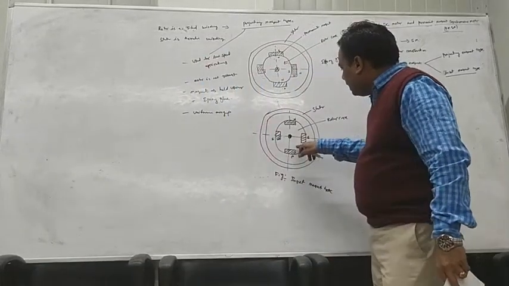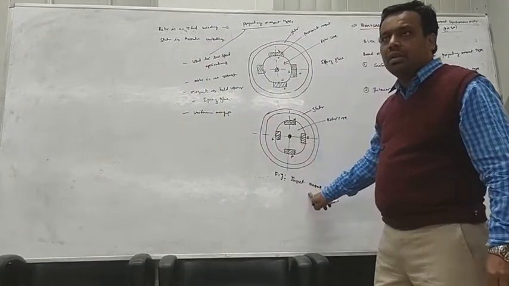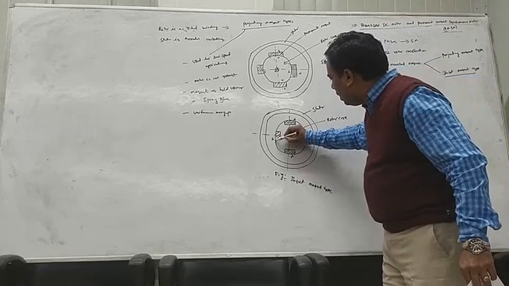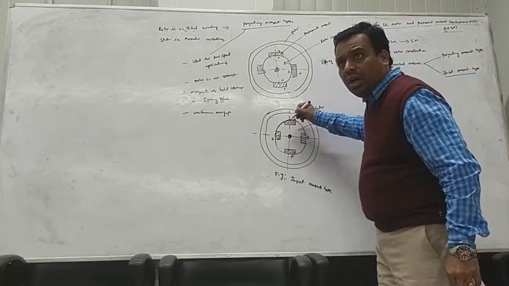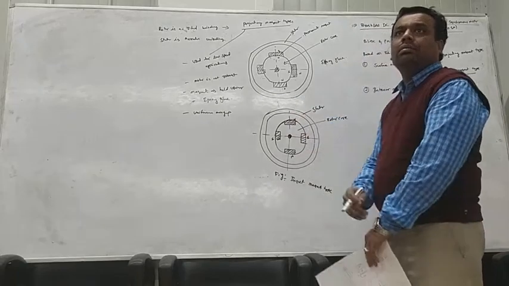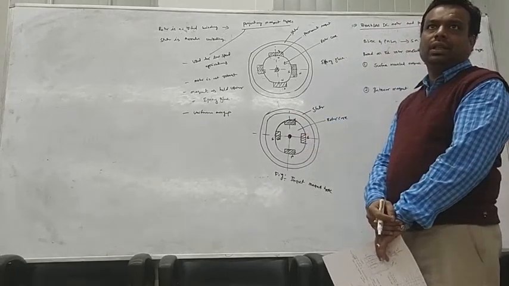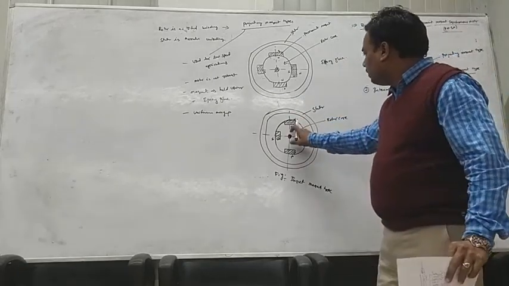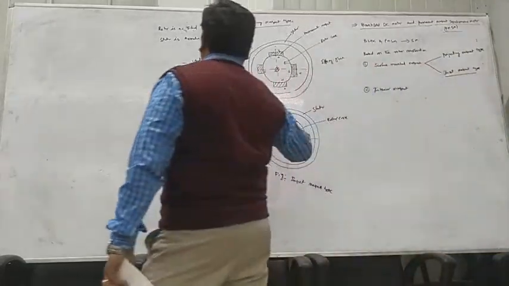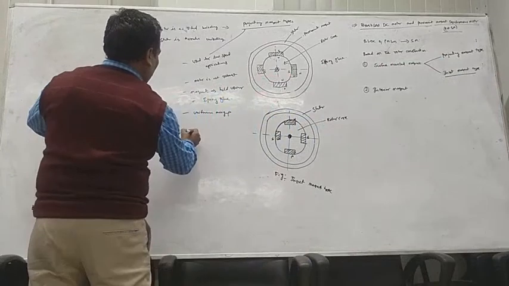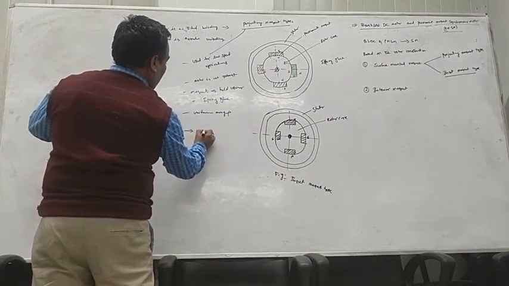In the inset magnet type, this is the rotor core, and inside the rotor we are attaching the permanent magnets. This type of construction is robust.